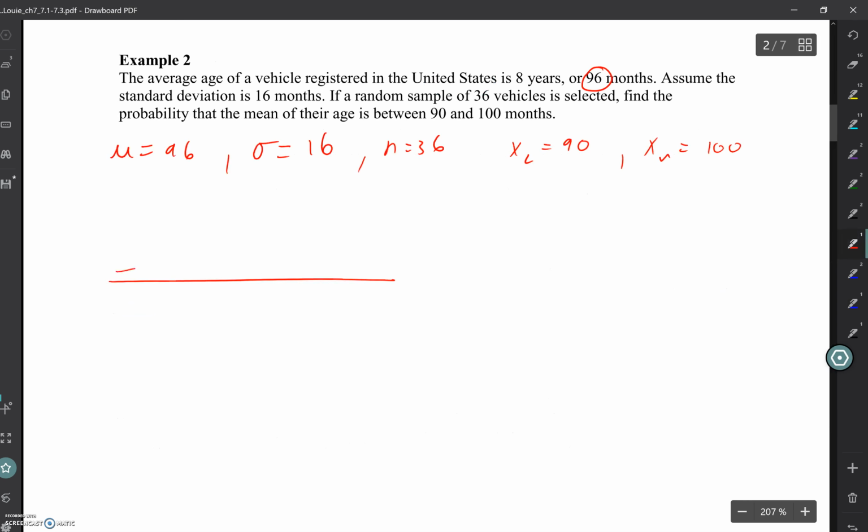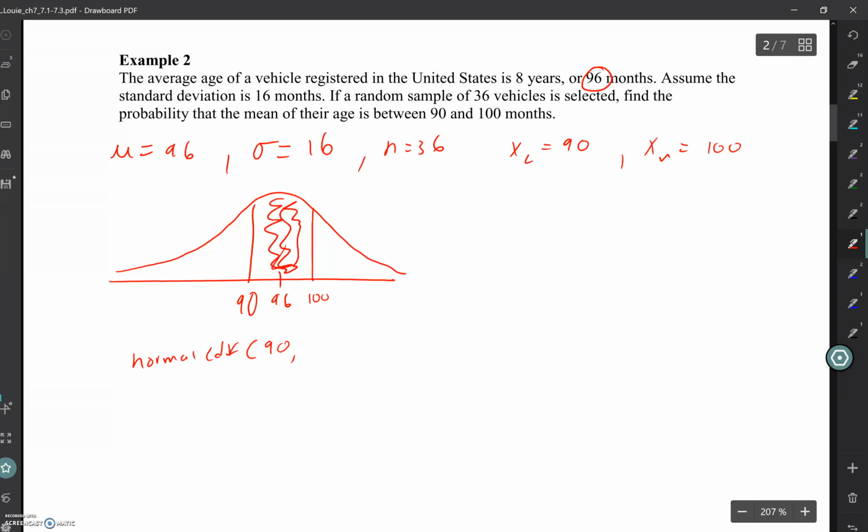So I'm looking at my picture being centered at 96. And we want to know about being between 90 and 100. That should be symmetric, but I'm terrible at drawing that. So we've got normal CDF.